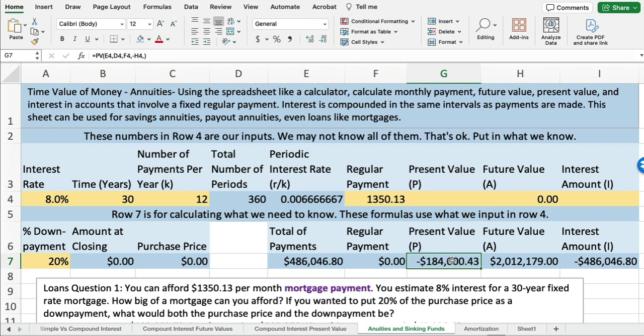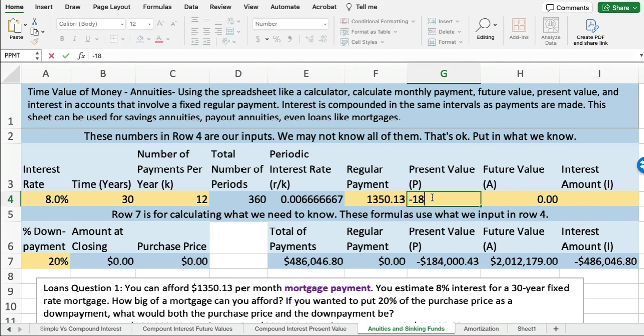So notice that the present value is calculated for us down here in G7, and it's negative because we owe money. It's not money that we have as an asset. It is a debt, so it's a negative number. And we're going to go ahead and put that number into G4 and see what happens.